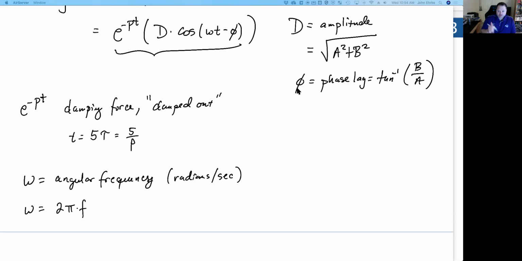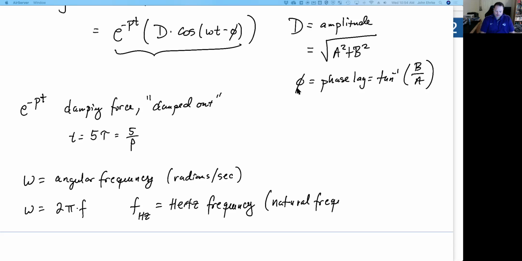It's this frequency f that I'm really interested in, because f is called the Hertz frequency. Sometimes we call it the natural frequency.